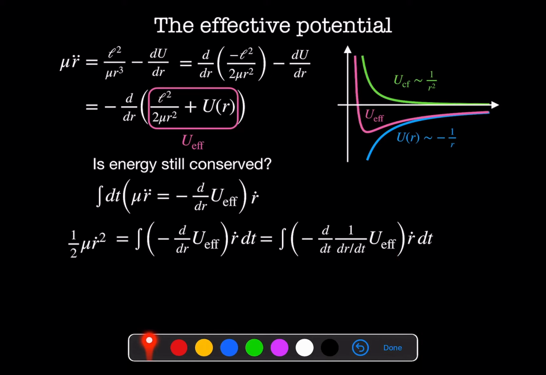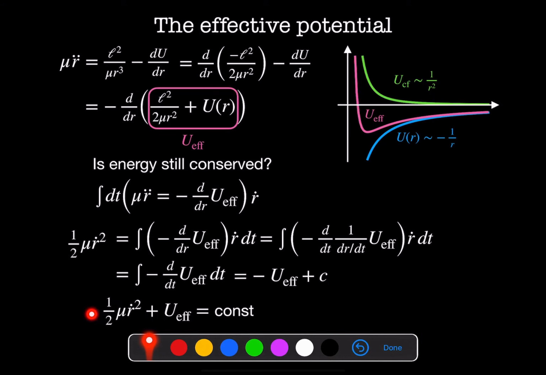So this 1 over r dot is going to cancel out with this r dot, and I'm left with minus the integral of d by dt of u effective dt. When I integrate this out, I end up with minus u effective plus some constant. So this tells me that my kinetic energy, 1/2 mu r dot squared plus u effective, is equal to a constant. So this tells me that yes, in fact, energy in my system is conserved.